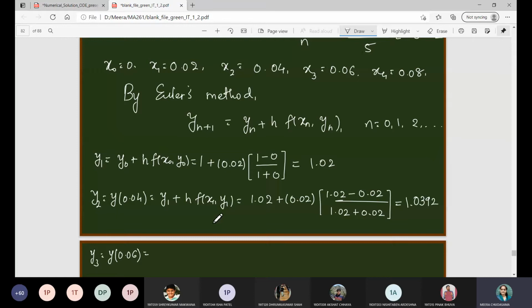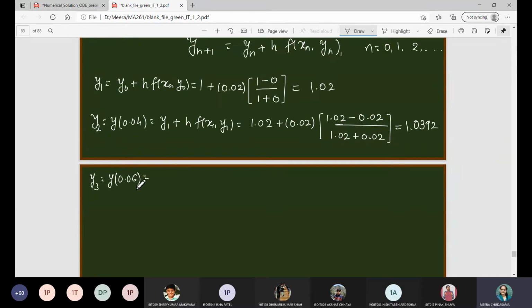So let us see now. y3 means it is y at 0.06. So by the formula it will be y2 plus h f at x2 y2, right? So y2 means it is 1.0392 plus h, which is 0.02, and the function is, remember, the function I am considering, for those who have a doubt, y minus x upon y plus x. In this case it will be y2 minus x2 upon y2 plus x2, right?